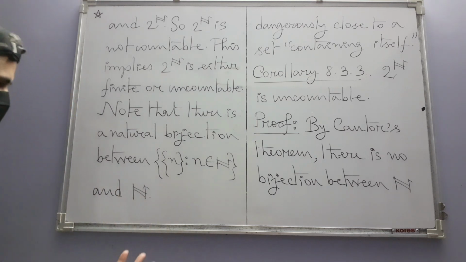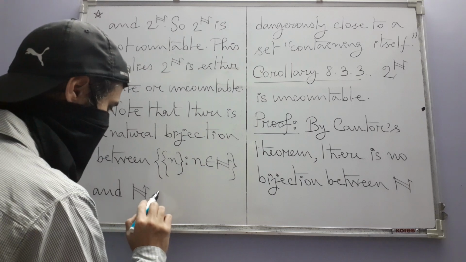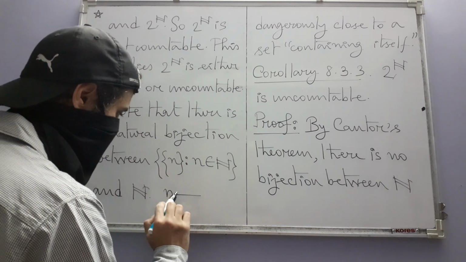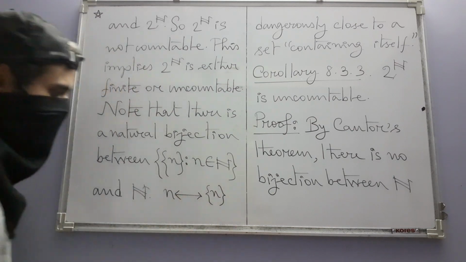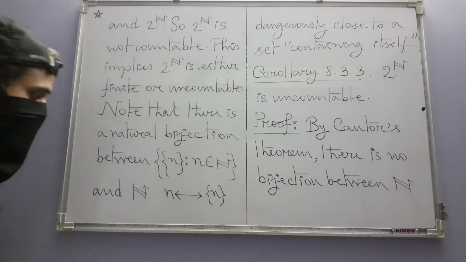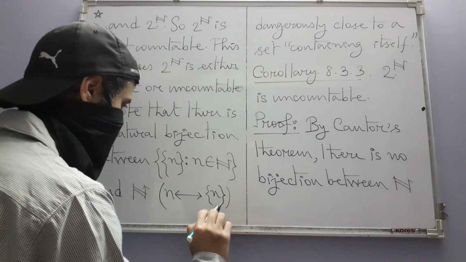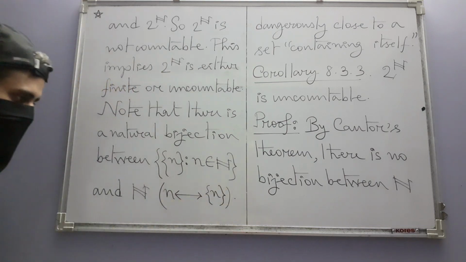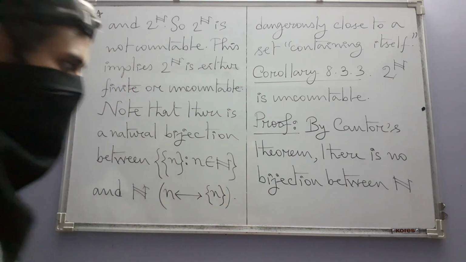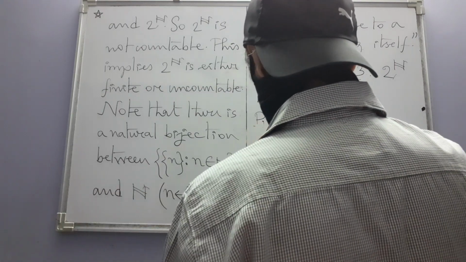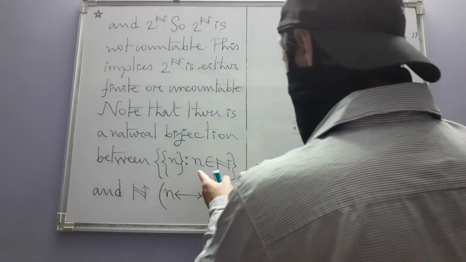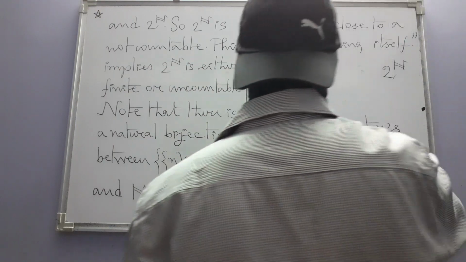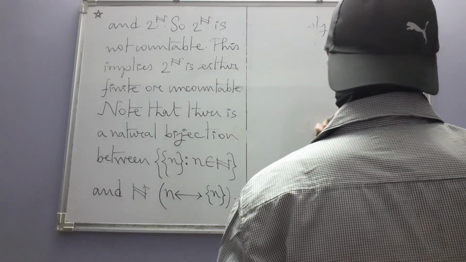I think you can guess what the bijection is. The bijection associates any natural number to the corresponding singleton set. Let me just keep this within parentheses. So this tells us what? It tells us that this set cannot be finite, it must be infinite.